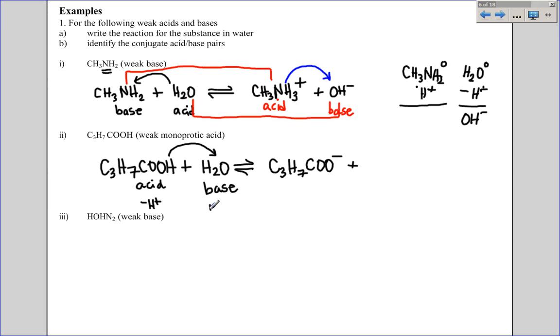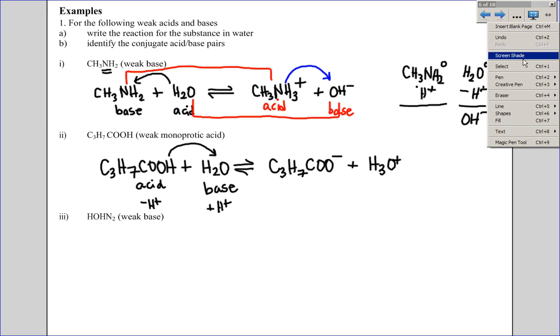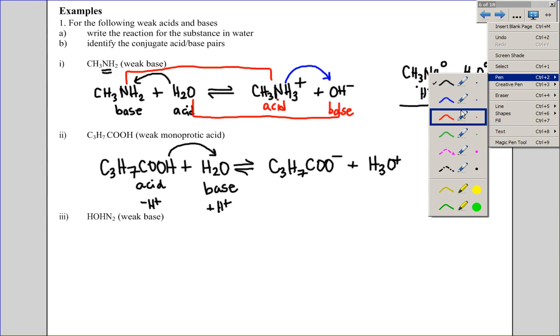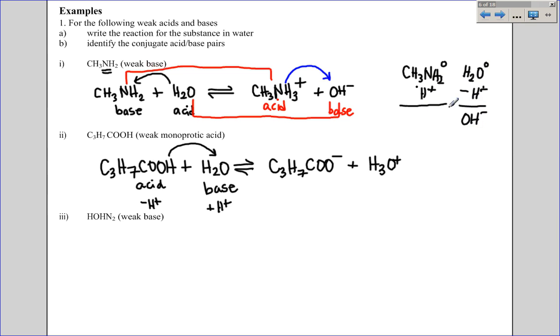The water, I've added an H+, so I'm left with H3O+, which is our hydronium ion. If you check the charges, you'll see that they're properly balanced at 0 on both sides.